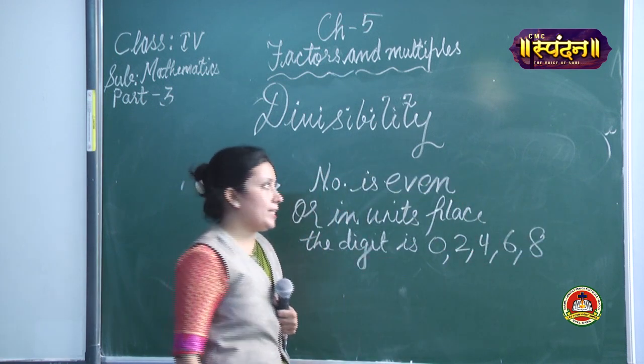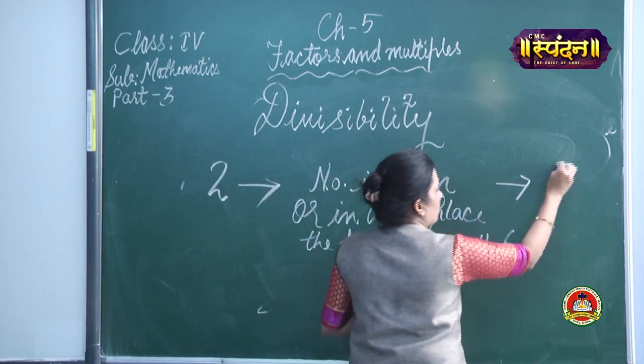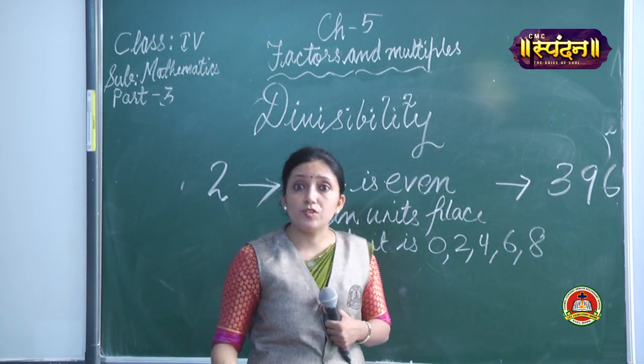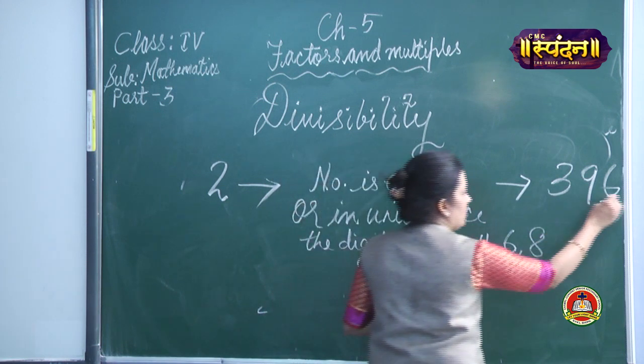Okay, let me take an example. 396. Is it divisible by 2? Yes, children. How? What is there in the ones place?